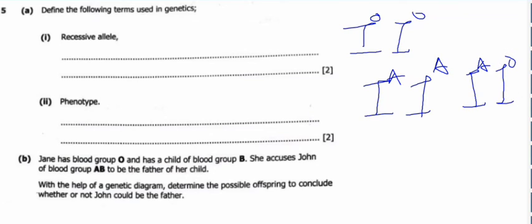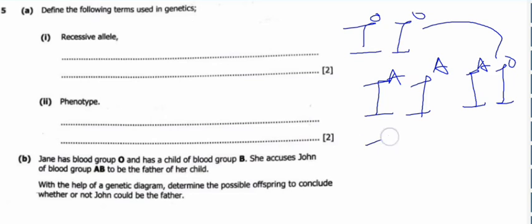Since blood group O is homozygous recessive, it is a universal donor. It can donate to any blood group, to blood group A and to blood group B.